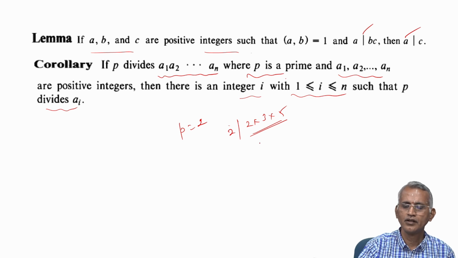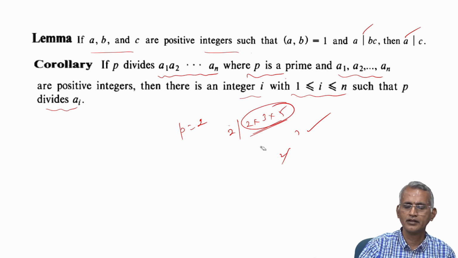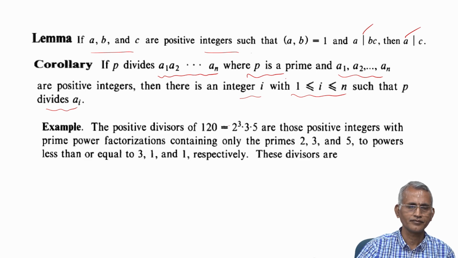Here definitely one of the numbers is 2, so 2 into 3 into 5 is divisible by 2. This is the meaning of the corollary, that we have to go to the further analysis.